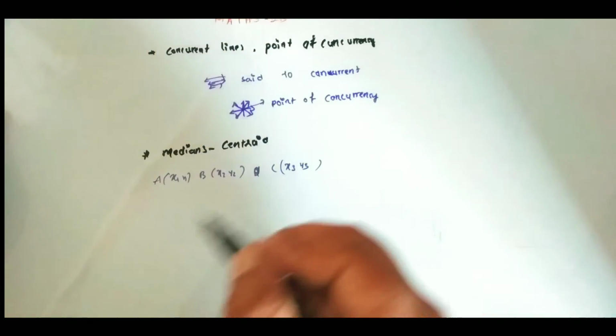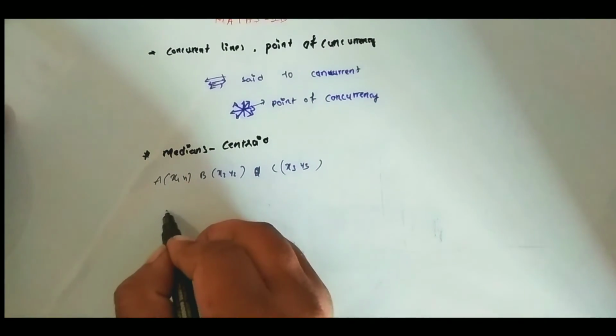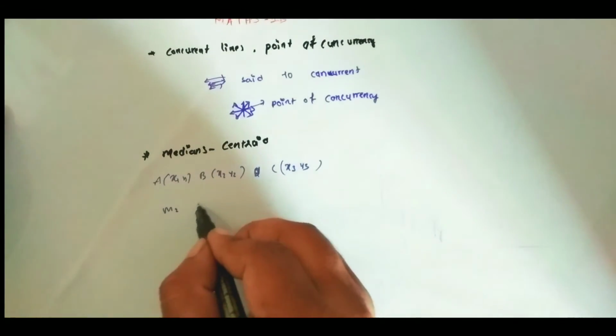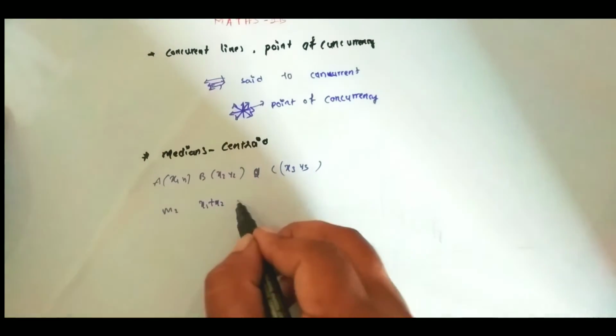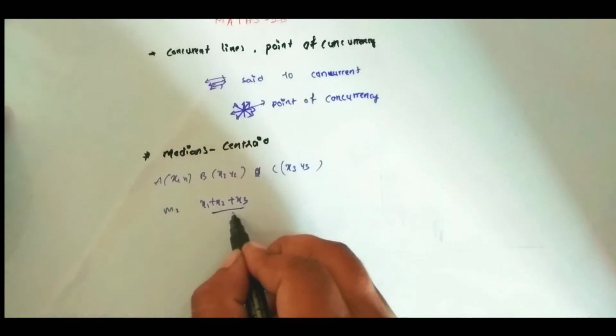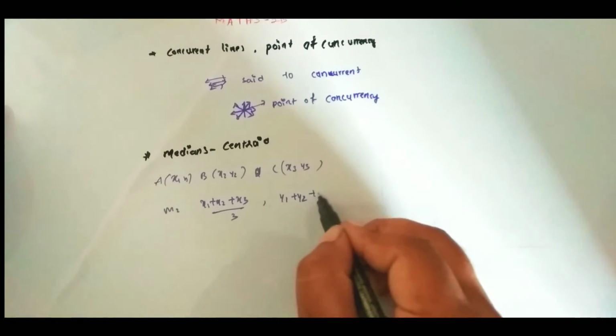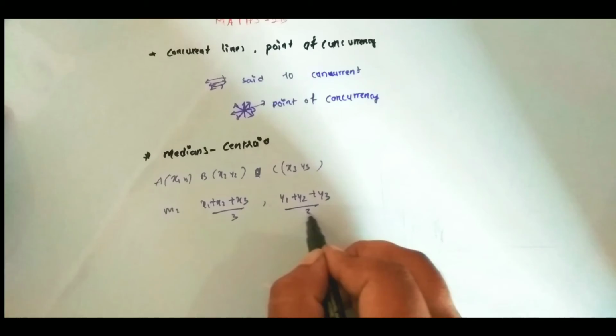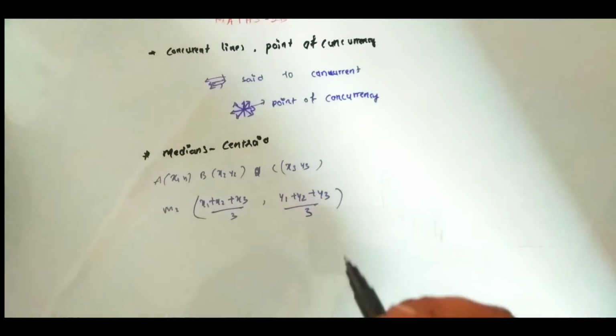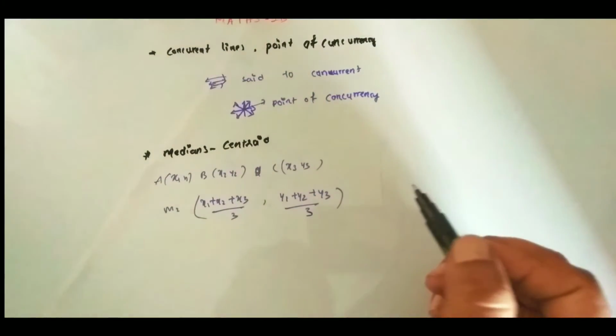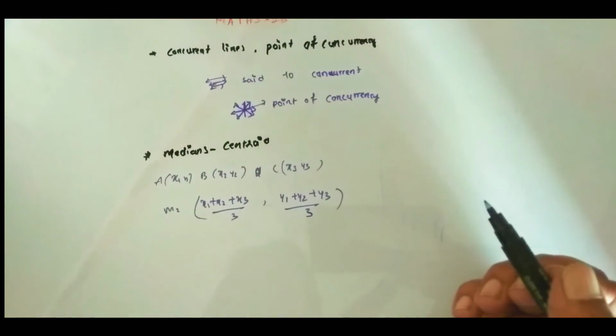So the centroid formula is x1 plus x2 plus x3 by 3, y1 plus y2 plus y3 by 3. This is the centroid when 3 points are given. Okay.